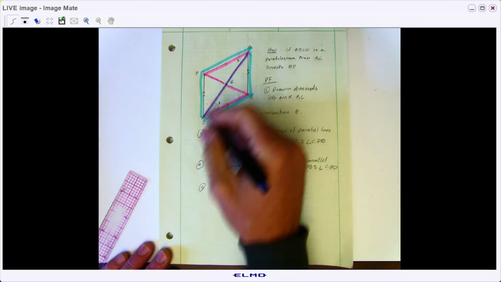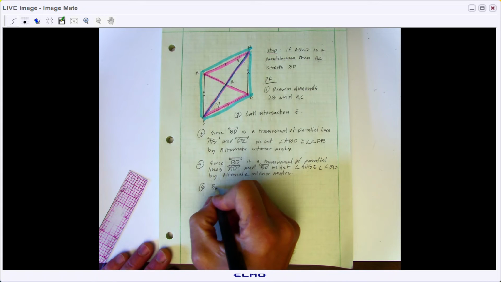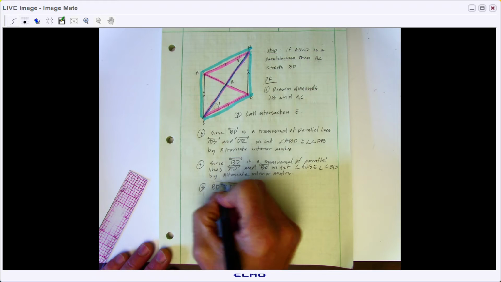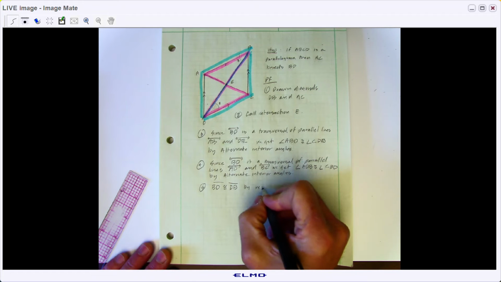And of course, BD is congruent to DB, by reflexivity.